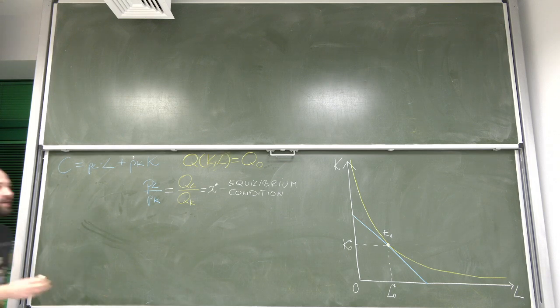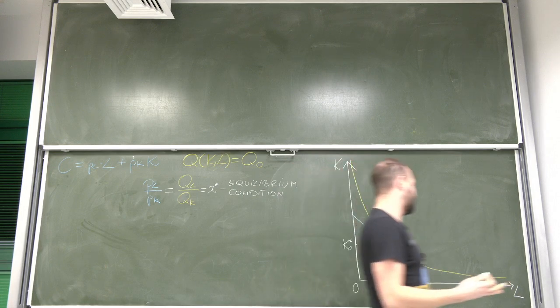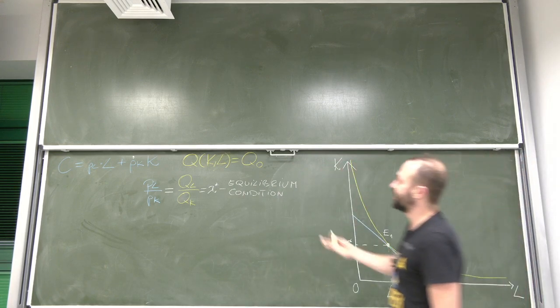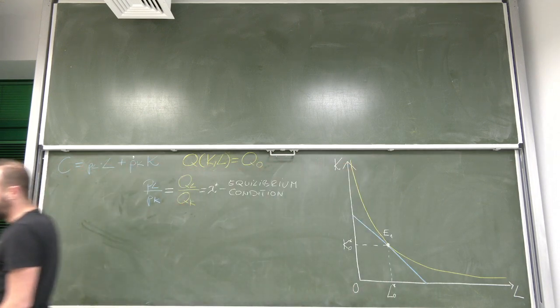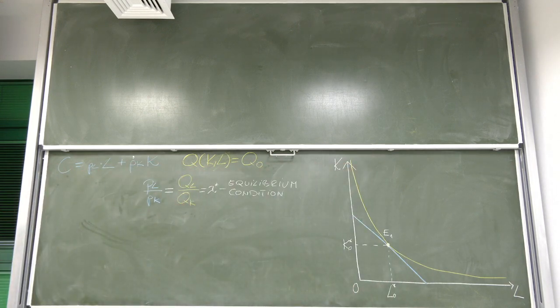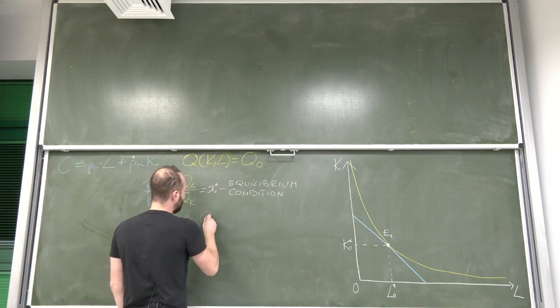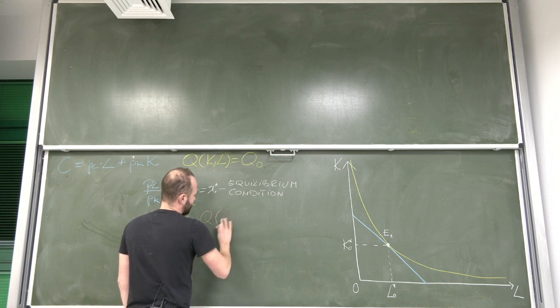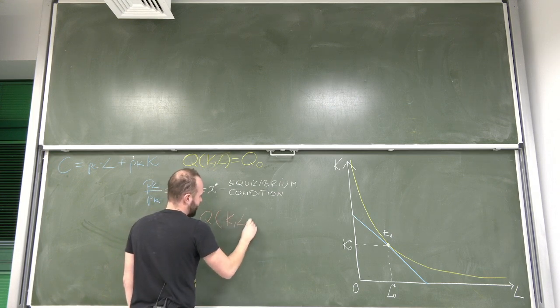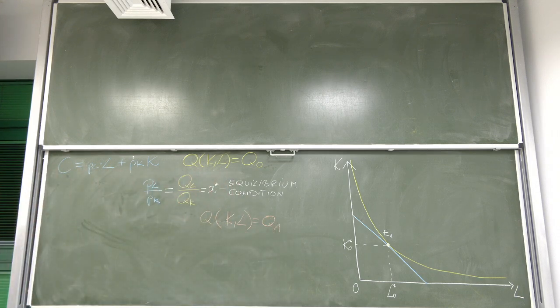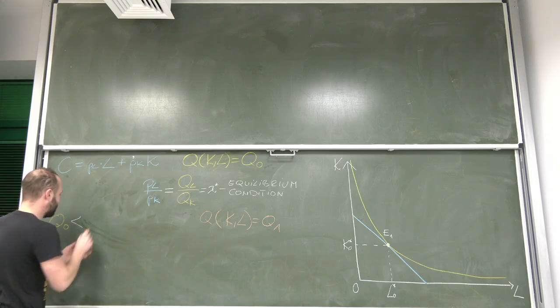Okay, so look, what would happen now if it turns out that the level of production that we've got is not sufficient and we actually need to increase it? So the new condition would go as Q of K, L equals some Q1. And let's assume that Q0 is smaller than Q1.